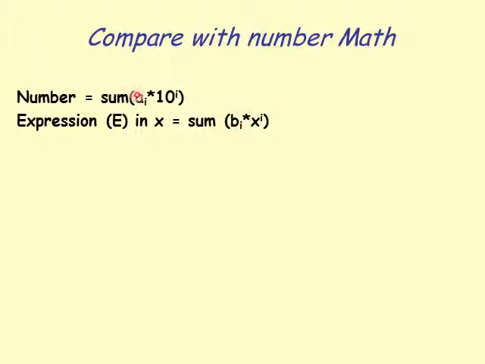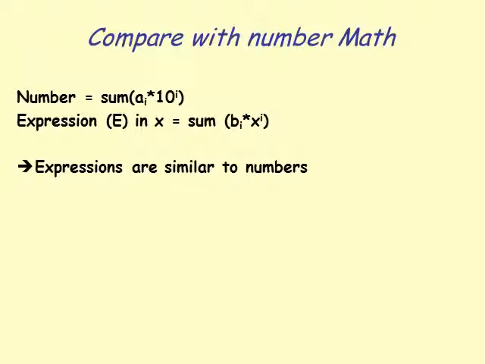So a number and an expression are similar, except that in the decimal number system we use powers of 10 for linear combinations, and in an expression E we will use powers of x.